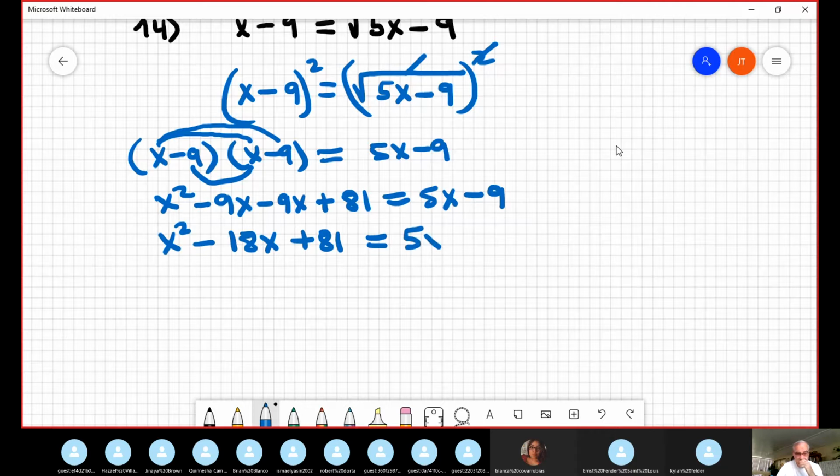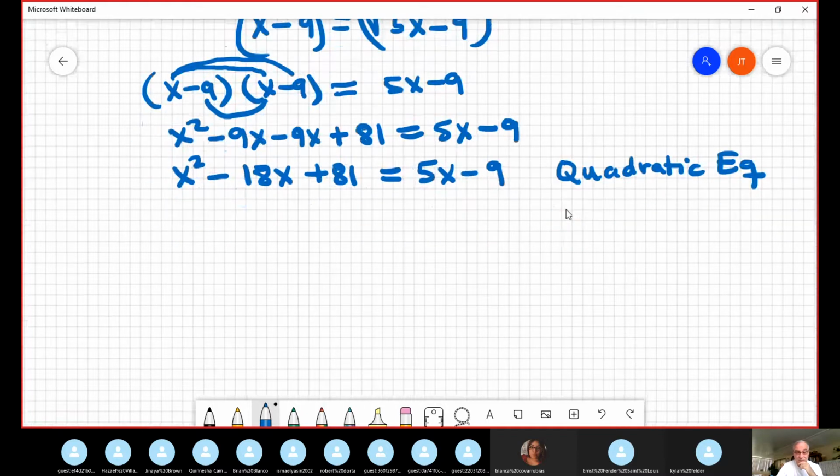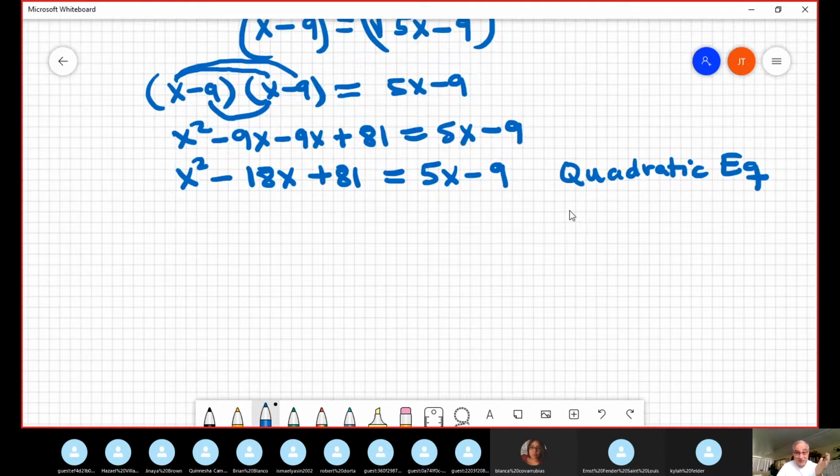So at this moment, I realize we are in a quadratic equation. Why? Because it's squared here. So I put it in standard form. I don't know if we are using the quadratic formula for solving or not, but I need to express it in standard form to determine who is A, B, and C properly. x squared minus 18x plus 81 minus 5x plus 9 equals 0.